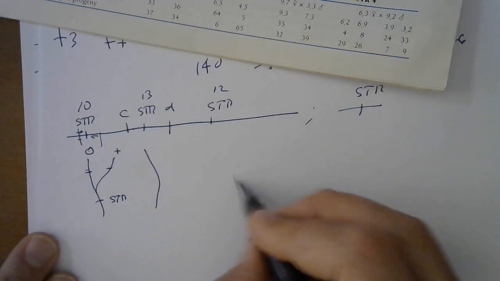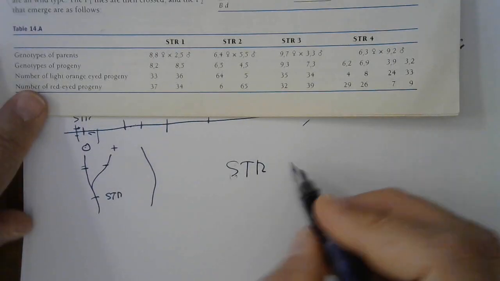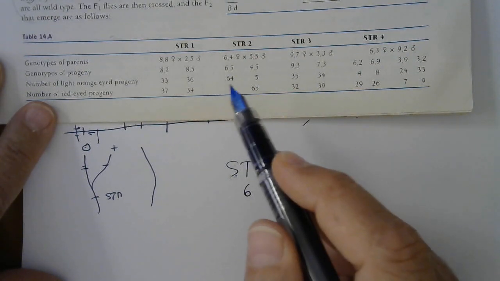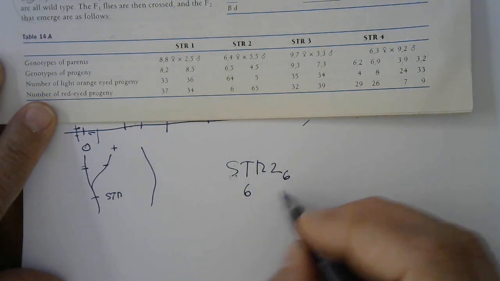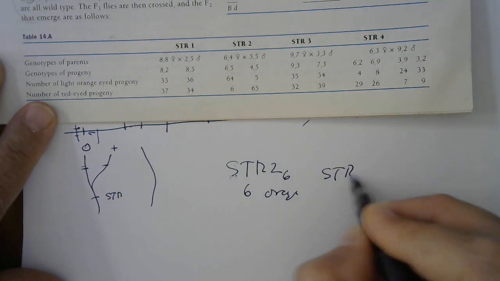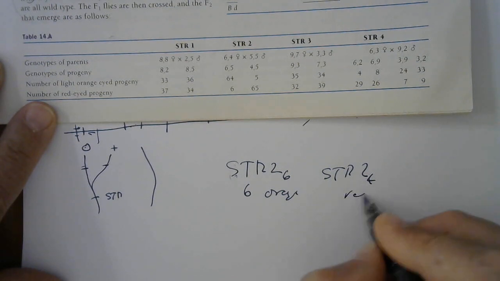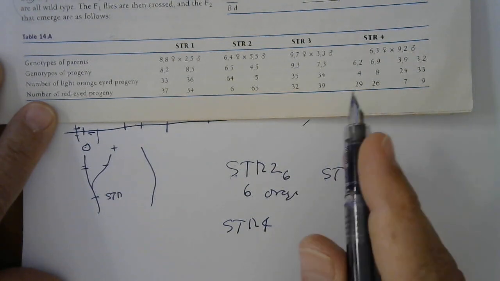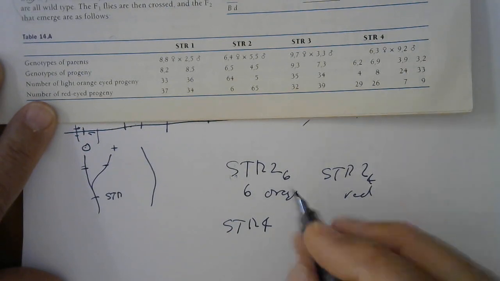So we can say STR1 is unrelated. At STR2, 6 correlates with orange, and STR2 with 4 relates to red, and at STR4 we also have a correlation: orange is with 3, and those are unrelated.